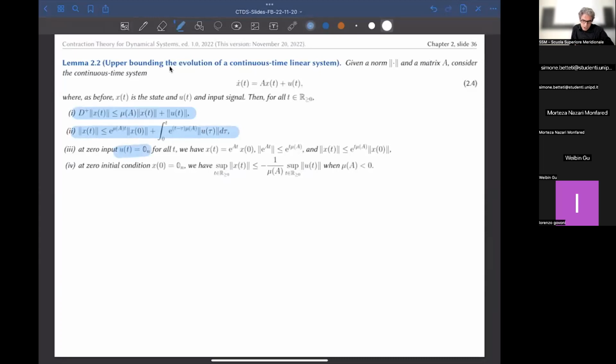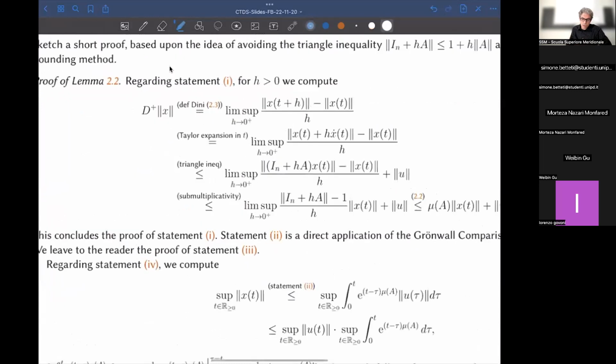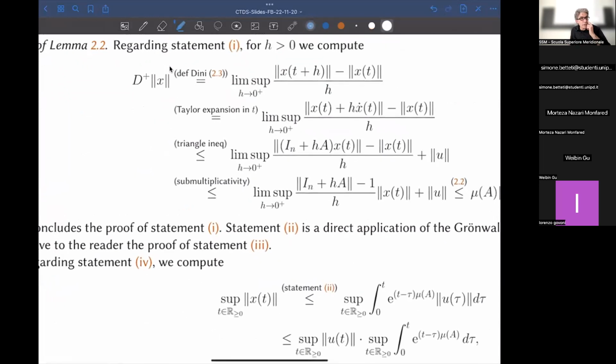And then I have the input equal to 0 and state equal to 0 cases.